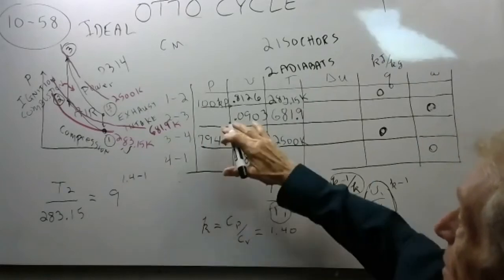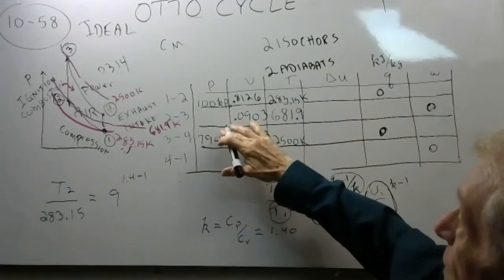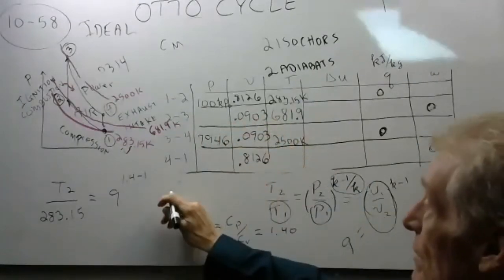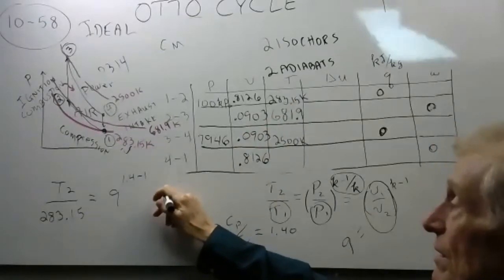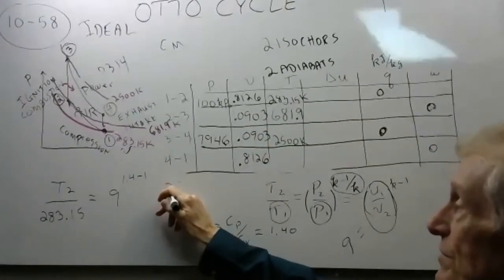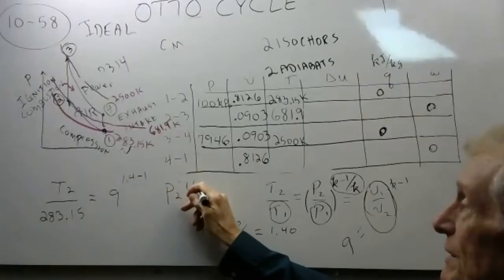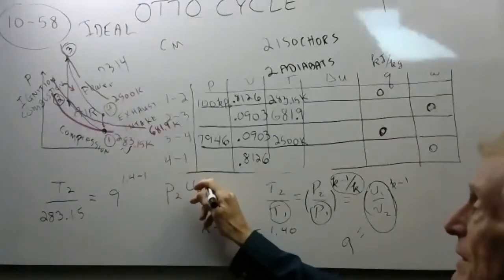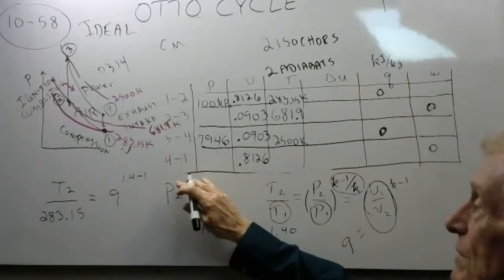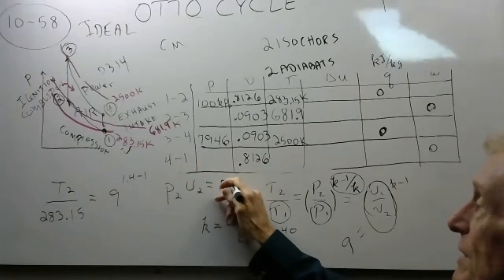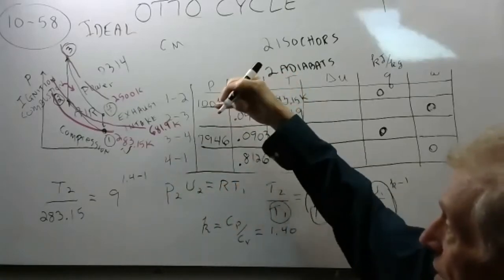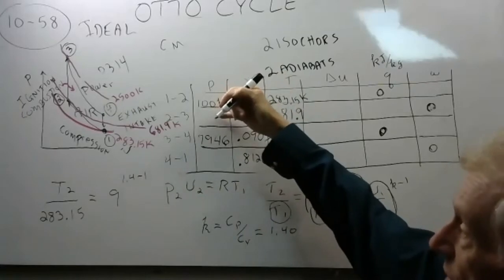Hey, look at here. We know V2 and T2. Look here, guys. P2V2 is equal to RT2. We can get P2. See it?